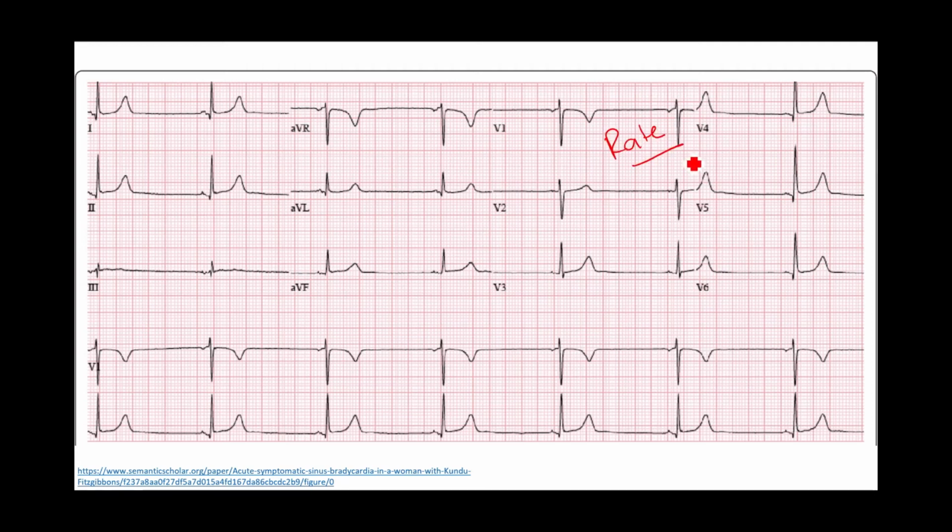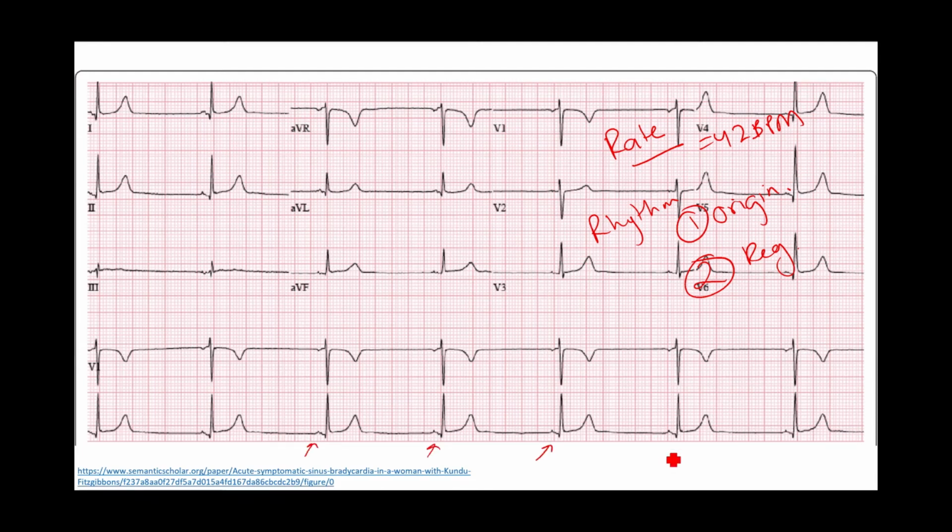Okay, so if you went ahead and calculated the rate out, you'd get about 42 beats per minute. Let's try to focus on the rhythm now. So remember that there are two things you want to think about. Number 1, the origin, and number 2, the regularity. What would you say the origin here is?